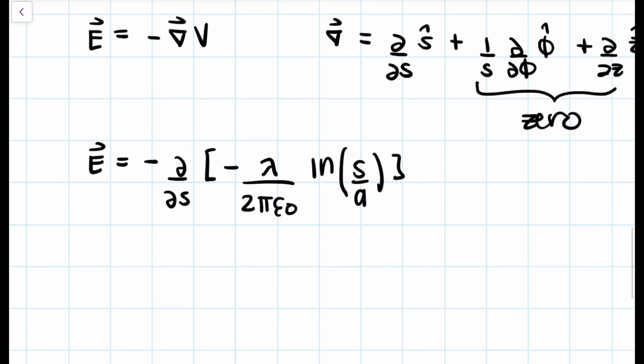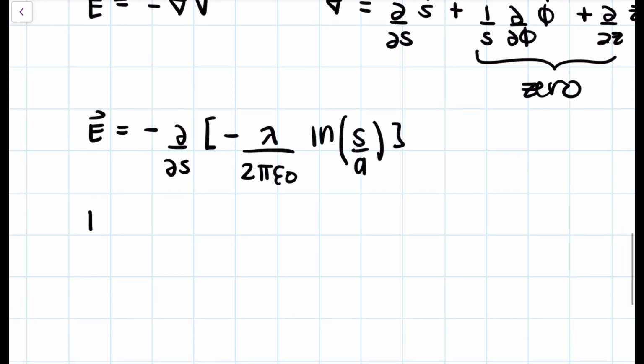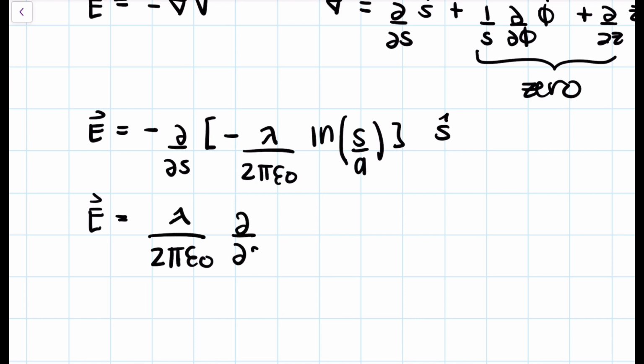We can take out the constant, and we can also rewrite the natural log of s over a. So the negatives go away. This format helps us visualize that because the natural log of a has no s dependence, it's treated as a constant.